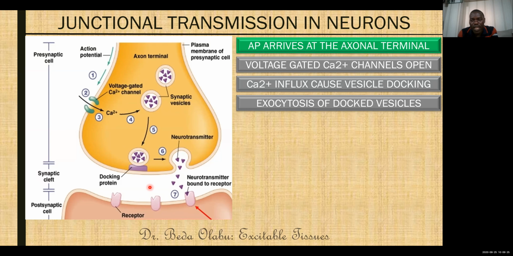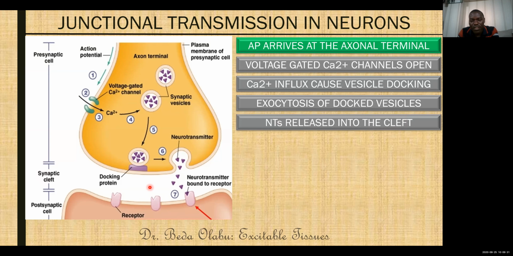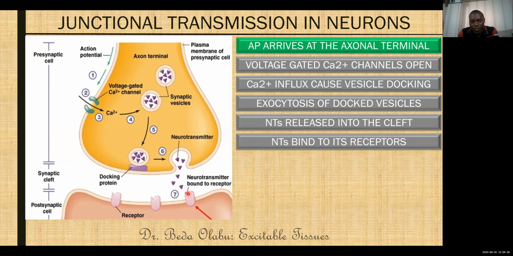But all those are not important for transmission. The one that is important for transmission is if the neurotransmitter then binds to its receptor on the postsynaptic cell. The receptors of the neurotransmitter are on the postsynaptic cell. This is the receptor for the neurotransmitter.